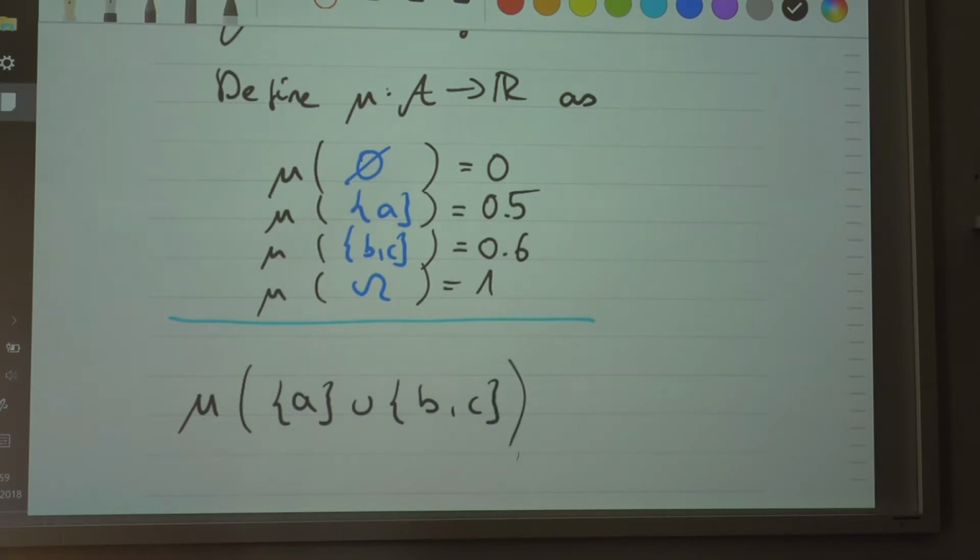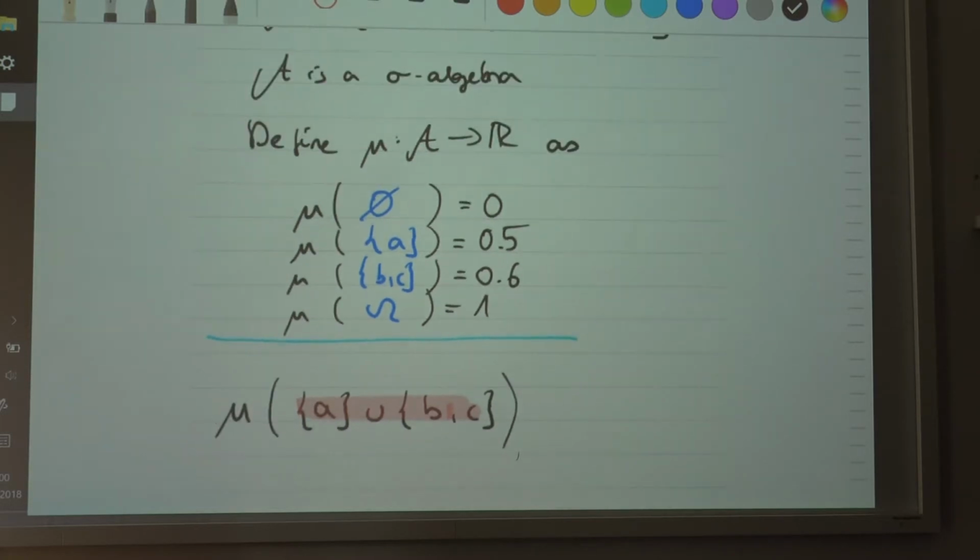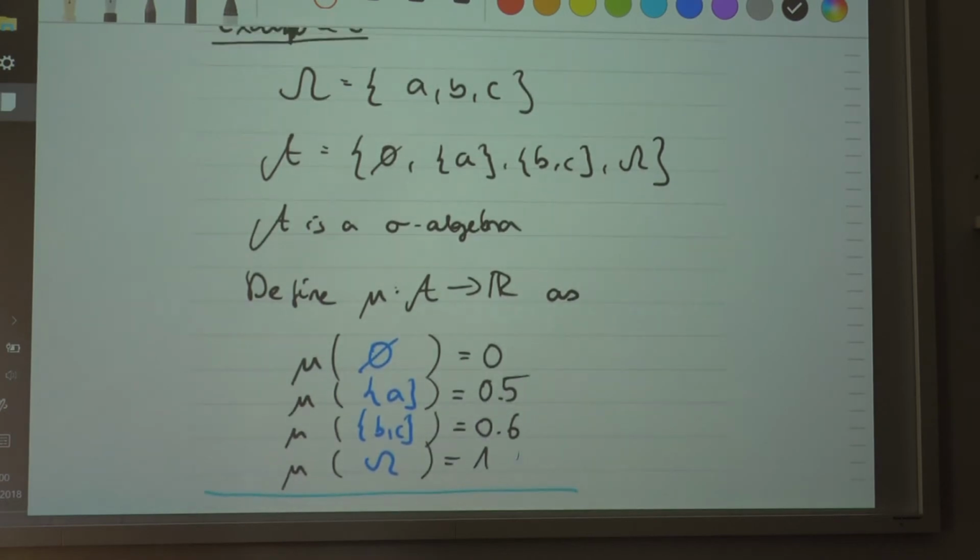First off, what is the union of A and B and C? What do we get if I unify these two sets?